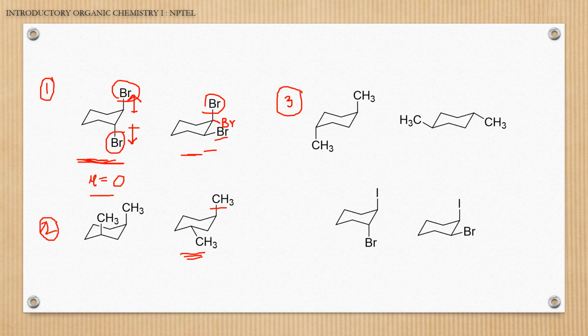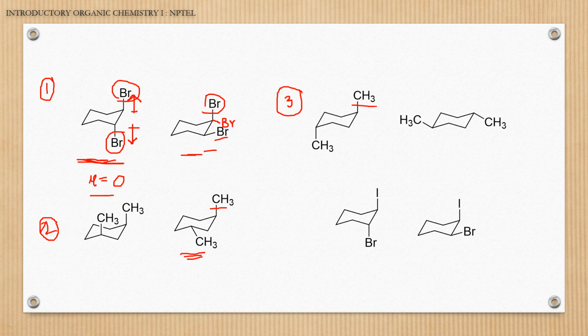So guys, what happens here? If you draw the cis conformation, both methyls should be above the plane. One axial and one equatorial will be there, right?